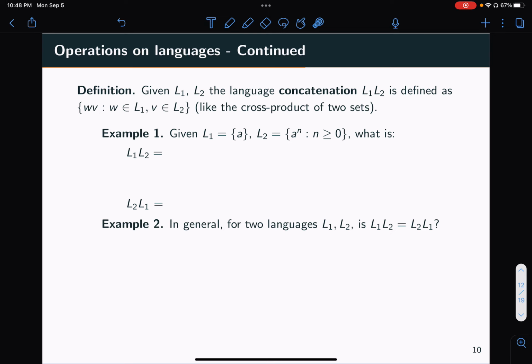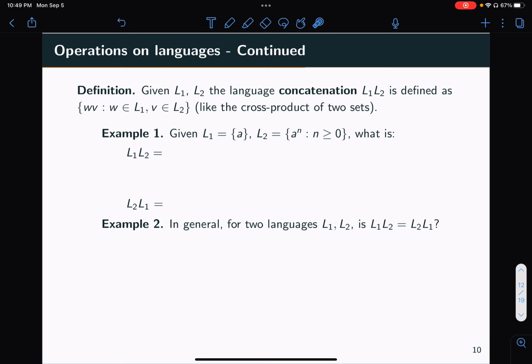So this is very much like the cross product of two sets, right? In the cross product of two sets, you take the element in the first set and combine it with every element in the other set into a two-tuple. You're just doing the same thing here, but doing a concatenation of each string in L1 with each string in L2. It's just that the order is important, right?